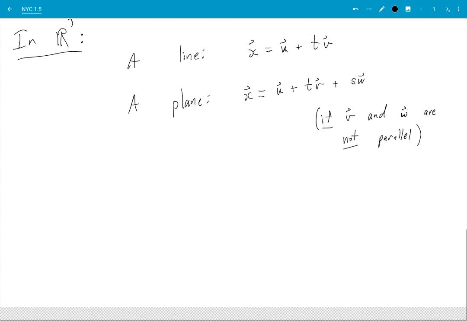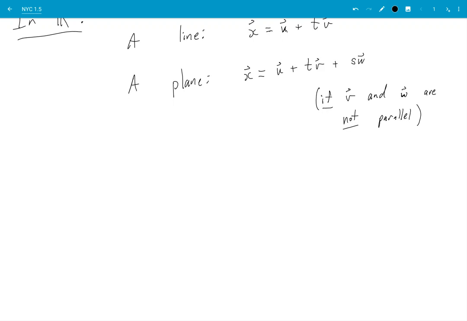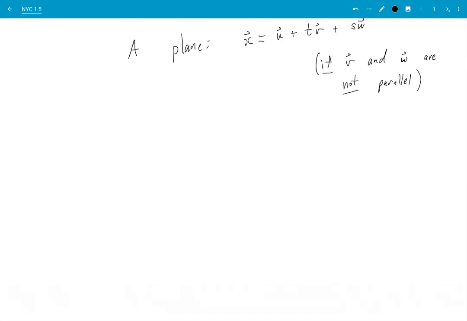Okay, so let's draw the plane here. What I'm going to do is not draw the axes. It's going to be too complicated. So I'll just draw the origin and label it as a zero vector. Maybe I'll start with u.